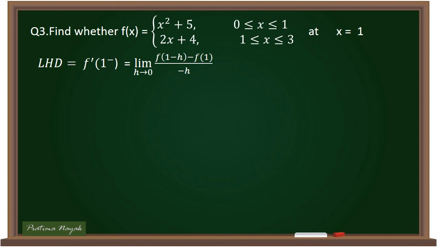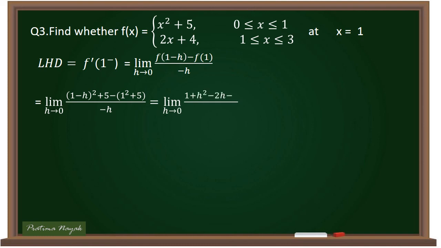So in place of x square you will put (1-h) whole square plus 5 minus (1 square plus 5). If we simplify this, you can simplify yourself also. So we'll take h common, (h - 2)/h. H is cancelled, and -2 by -1 you are getting plus 2.